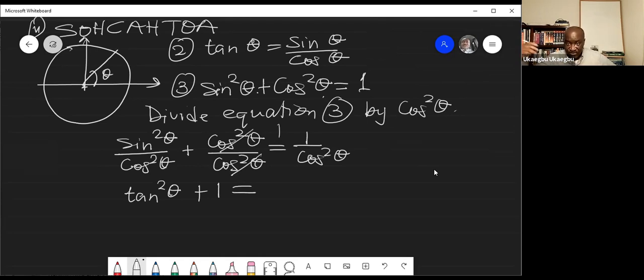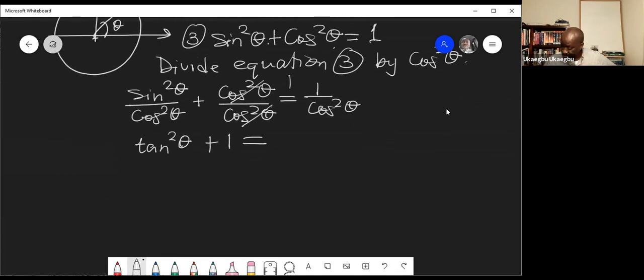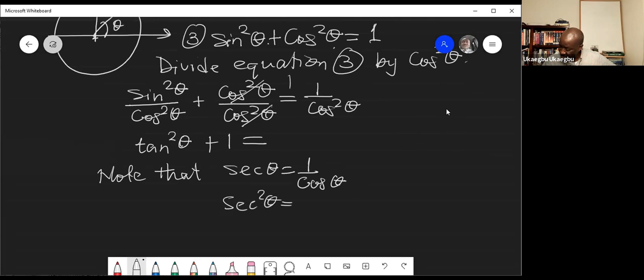then recall the other trig ratios. Note that secant theta is equal to 1 over cos theta. Therefore, secant squared theta is equal to 1 over cos squared theta.